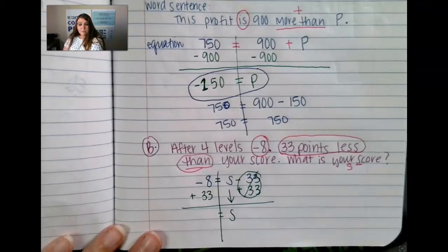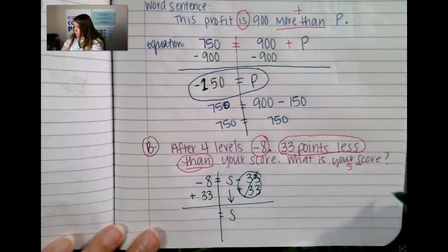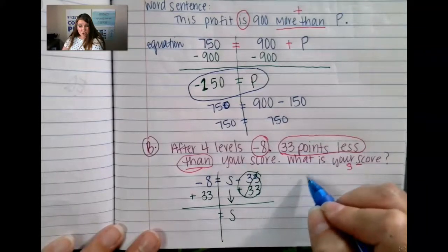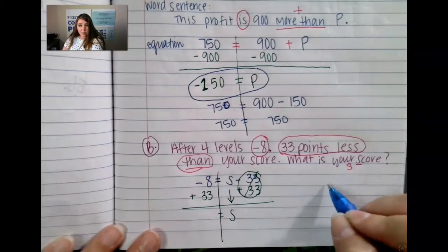Okay, so if I have -8 and I add on 33, I'm really just reversing. So if I had a number line and I start at -8, I'm going to get bigger. So it's going to take me 8 jumps to get back to 0. Then I can keep going until I finish counting to 33.